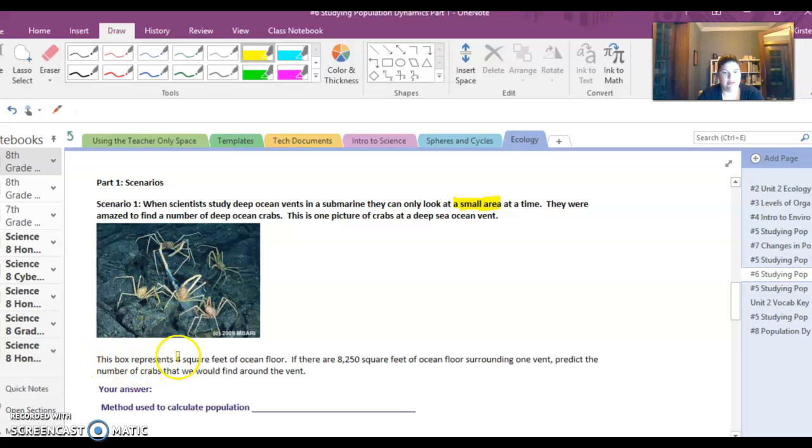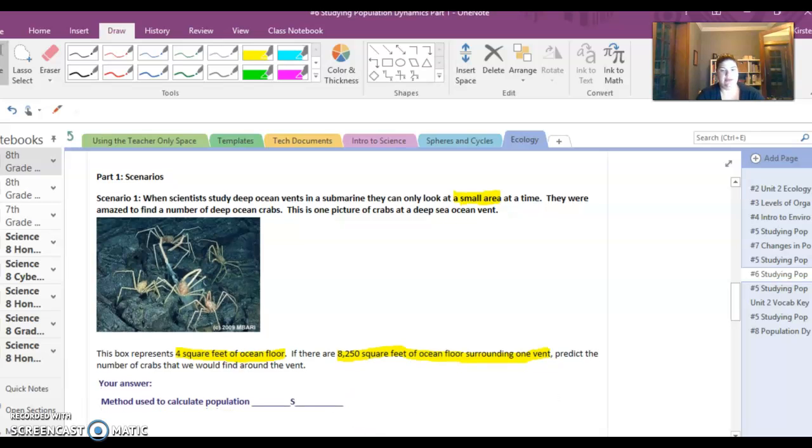So this box represents about 4 square feet of ocean floor, and there are approximately 8,250 square feet of ocean floor surrounding one vent. So right there I see that they're giving me a small area, but comparing it to the whole entire area or a larger area. So right away, when I know that I'm looking at a small area and I'm going to be using that to speak for a larger area, I know that method's going to be sampling.